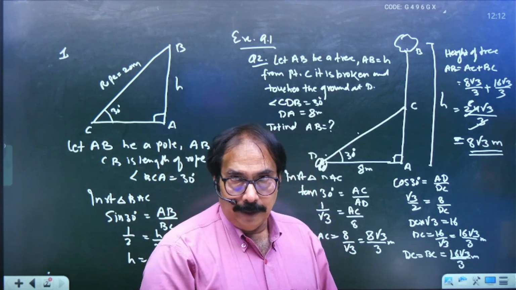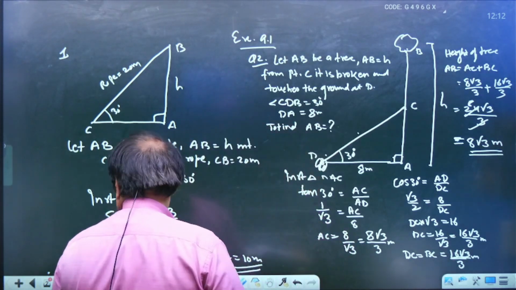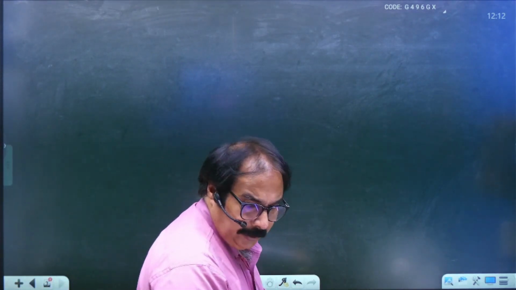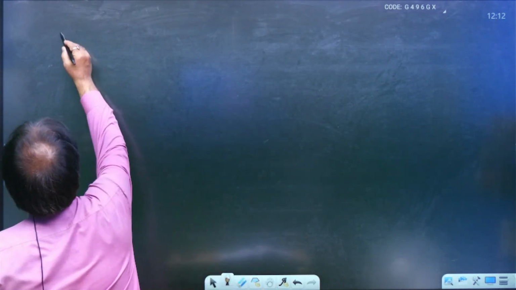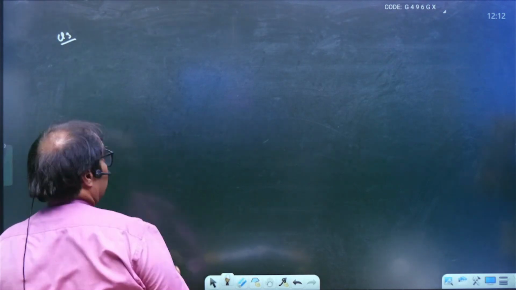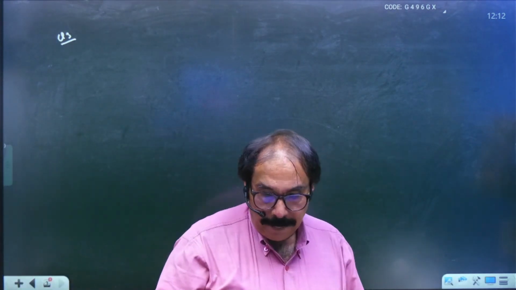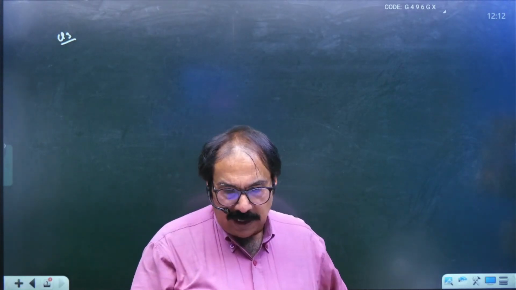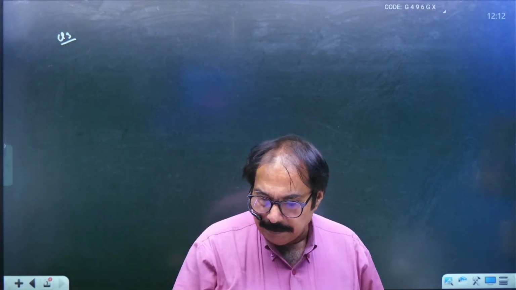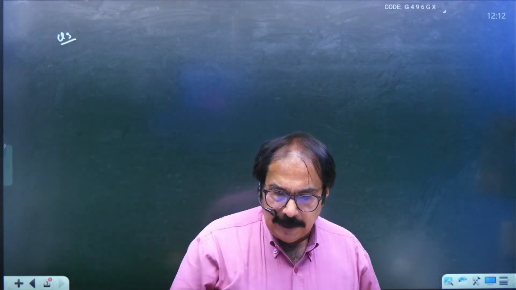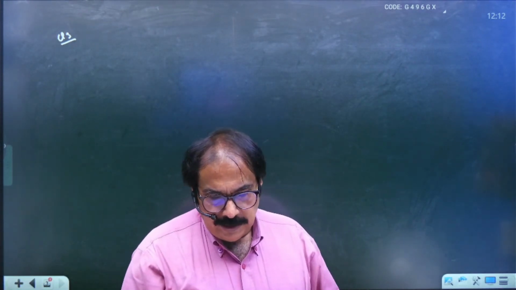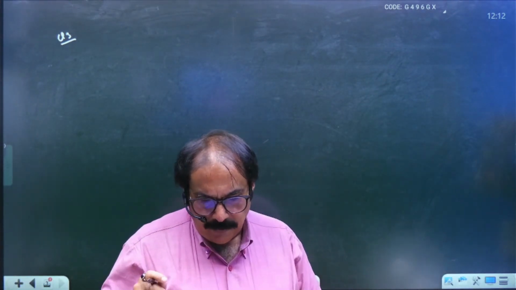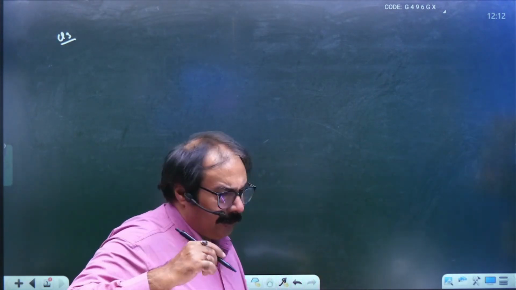Okay, clear? Okay, now move to question number 3. Question number 3 says a contractor plans to install 2 slides for the children to play in the park, and for the children below age of 5 years she prefers to have a slide whose top is at a height of 1.5 meter.